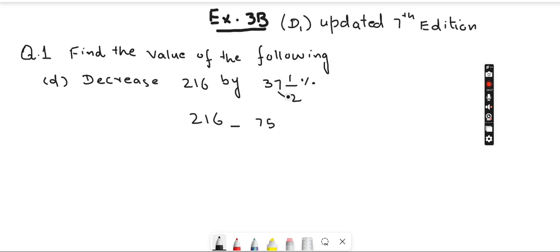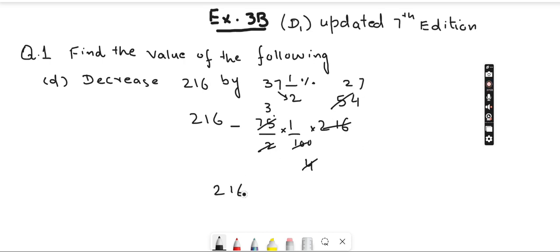fraction. This comes when you multiply 37 into 2, plus 1, divided by 2, that is 75 over 2, and for percentage it is 1 by 100 multiplied by 216. So when you do it, finally 25 3 times 75, 4 times 100, then with 4 it is 4 5 times 20, 4 4s are 16, and this is 27 with 2.